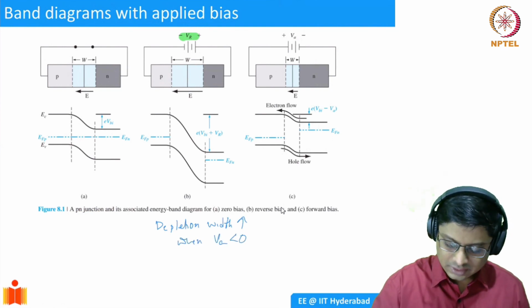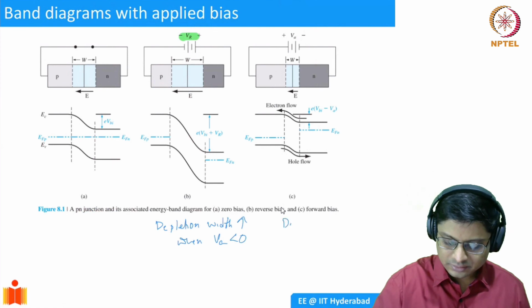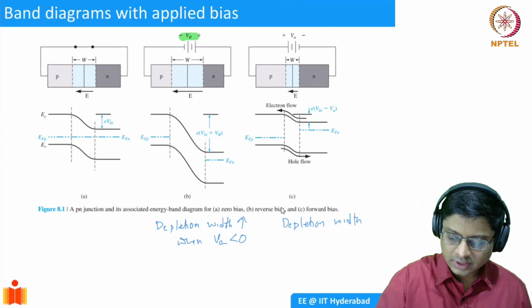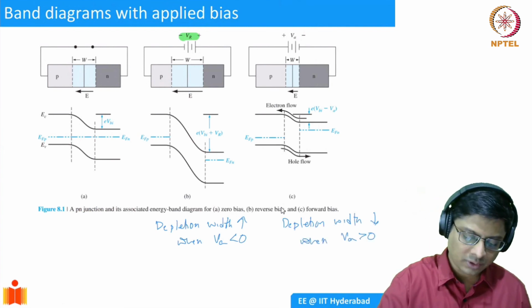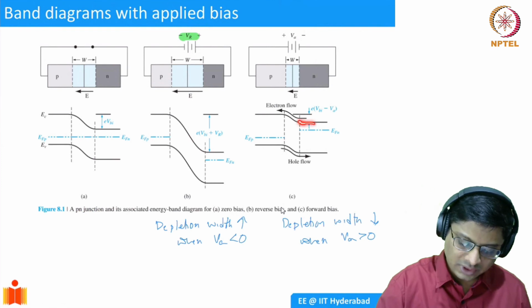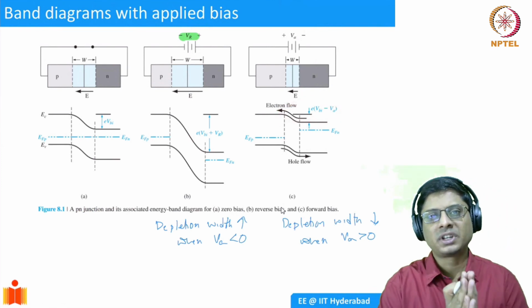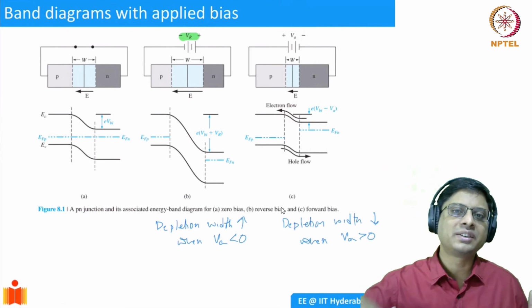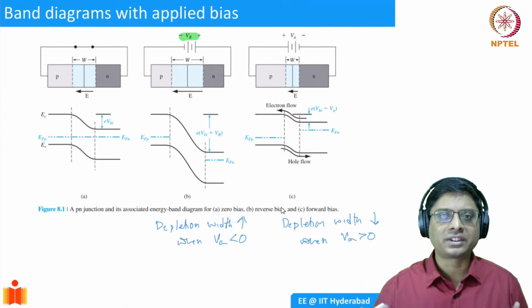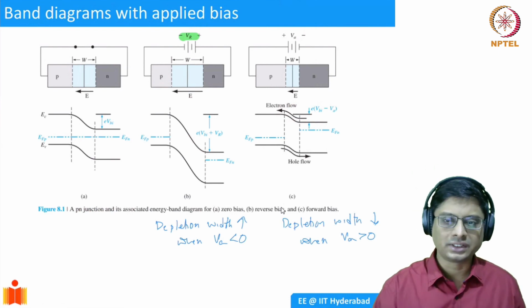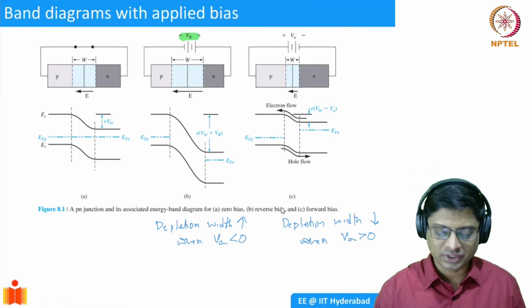And depletion width reduces when VA is greater than 0. This is forward bias. So you can see that the barrier reduces. And essentially if your space charge region is larger, it's going to have an electric field which is spread over a longer distance and hence more potential, right? So it's related to each other, right?